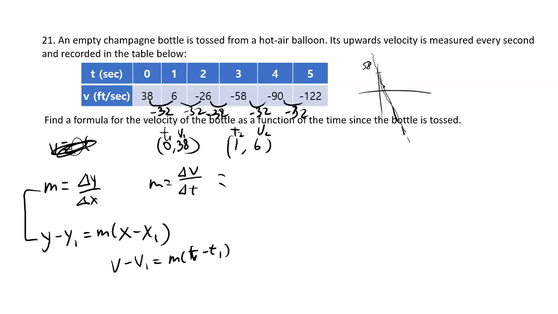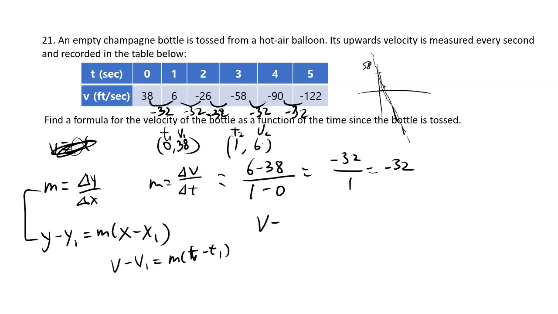Okay, so let's see. Terminal minus initial, that's how you find the change, right? 6 minus 38. If you do 38 minus 6, it's going to change the value, so be careful. Terminal minus initial, so you have 1 minus 0. So that's negative 32 over 1. So negative 32 is our slope. And then we're going to set t1 as 0 and v1 as 38.